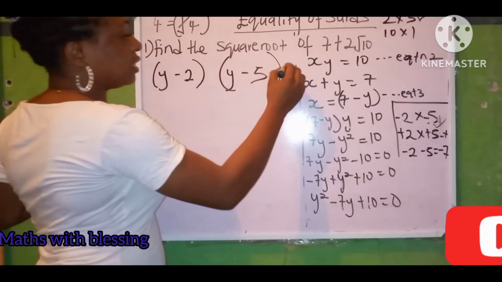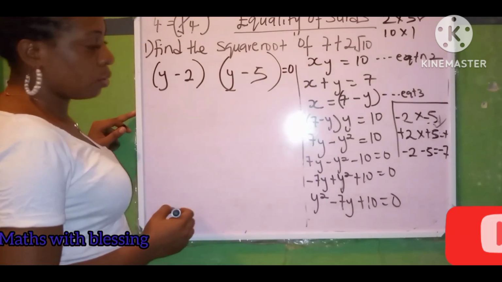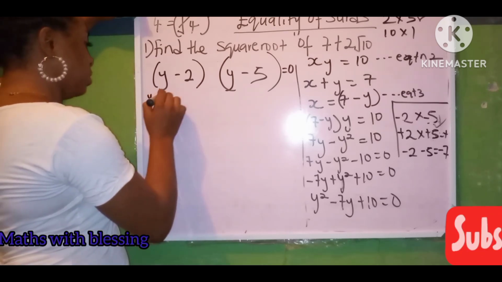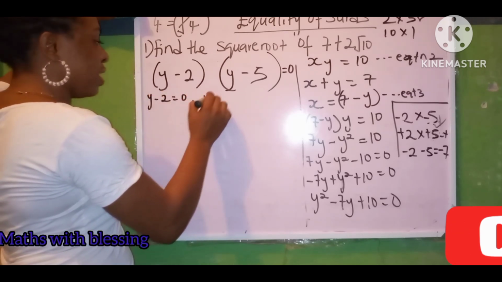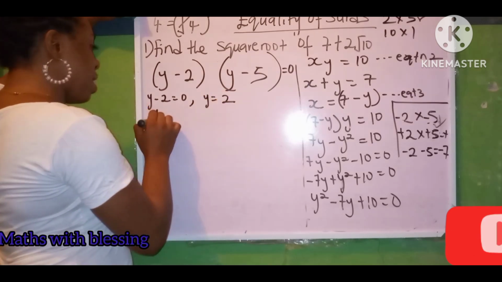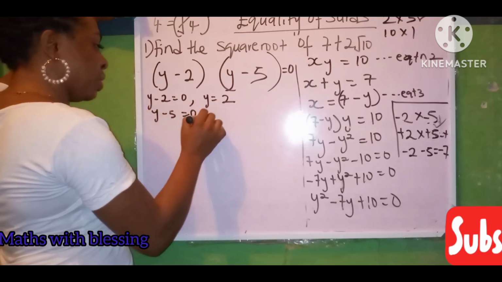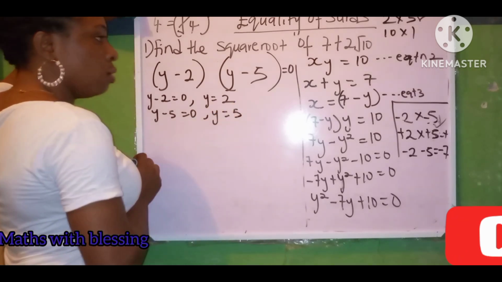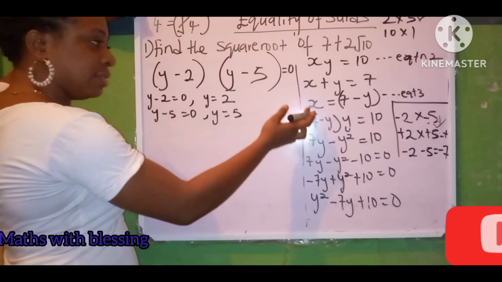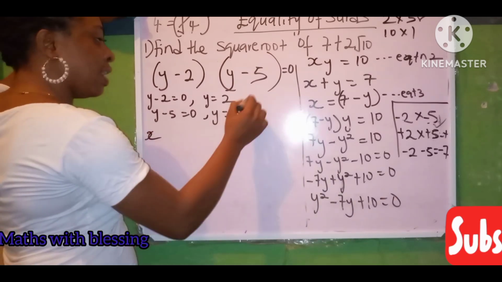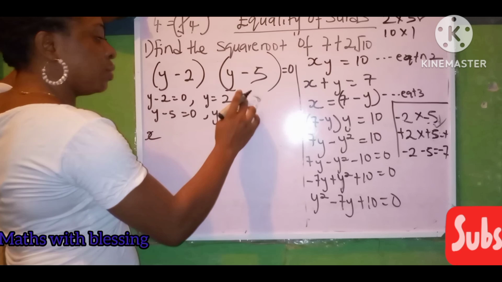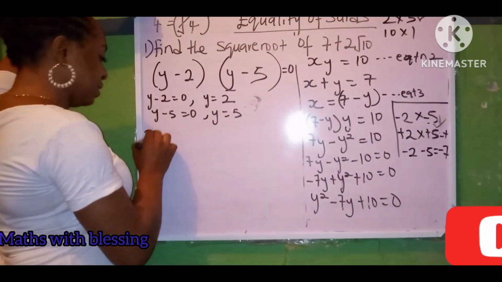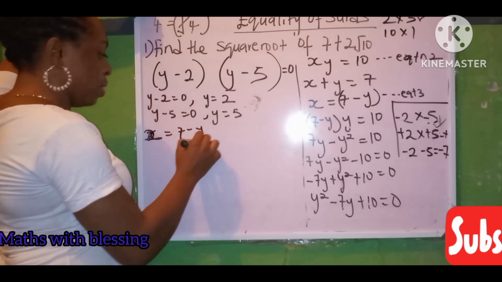So you equate it to 0. Let's continue. When y - 2 equals 0, we have that y equals 2. And when y - 5 is equal to 0, we have that y equals 5. So coming to get our x, we've gotten our y, and these are the possible values of y. To get x, x equals 7 minus y.